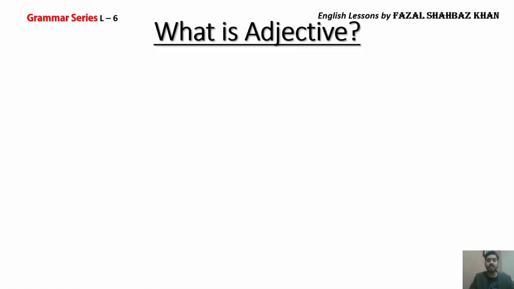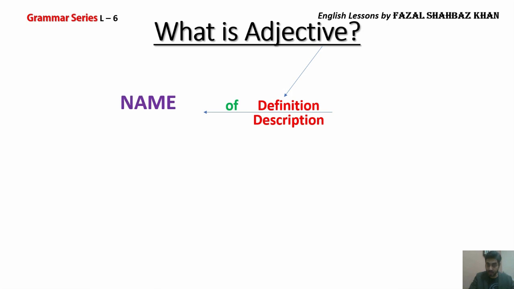Now, what is an adjective, by the way? When we start to understand what adjective really means, the simple idea that comes into our mind is that an adjective is either a definition or a description of a name, and in other words, for a name. To connect all the lectures together, if you remember, noun is the name.